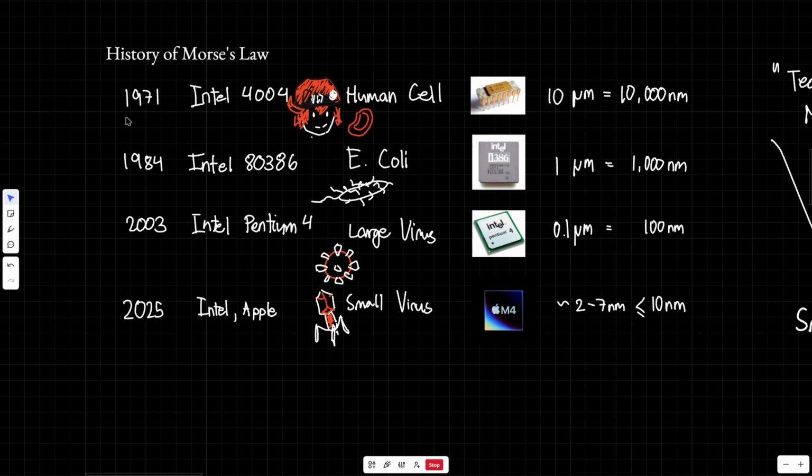For each generation of microchip, we essentially do a 10 times reduction of the technology node size, their transistor size, in order to achieve better computational power.